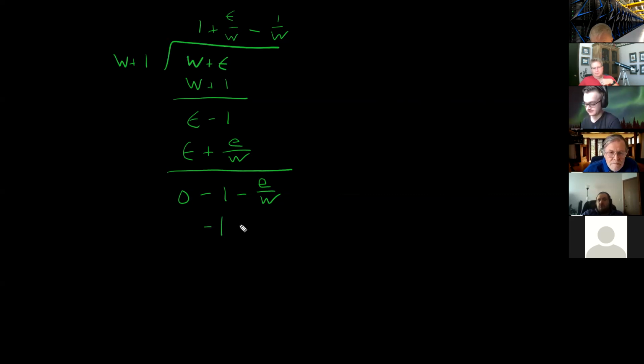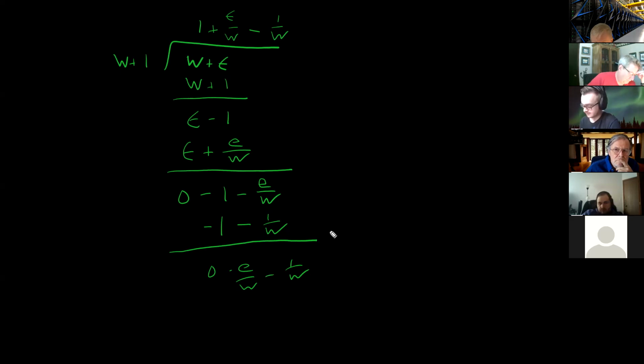Minus 1. 1 over W. No, I'm going back and forth, aren't I? 0. But wait a minute. Multiply by W, that gets W over epsilon plus 1.